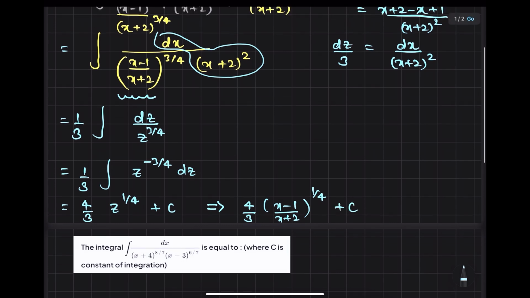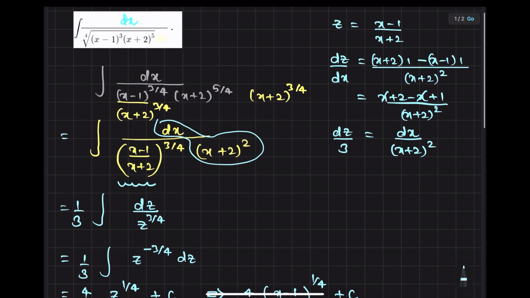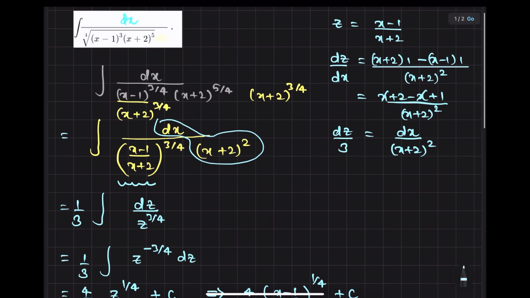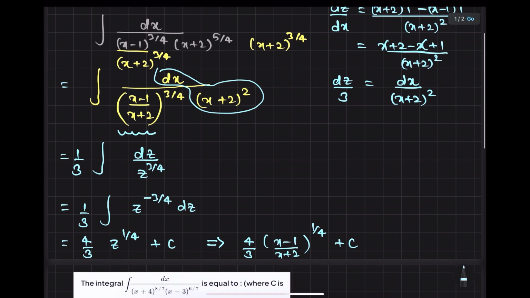Now look at this. What I have told you is that I have given you freedom to divide by either of the components, either x minus 1 or x plus 2. For the learning process, this step is allowed, but for getting the marks, you have to observe the answer first.